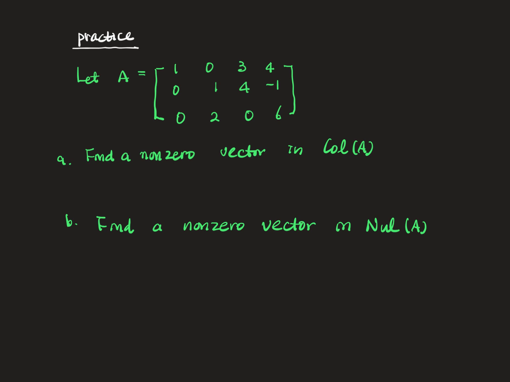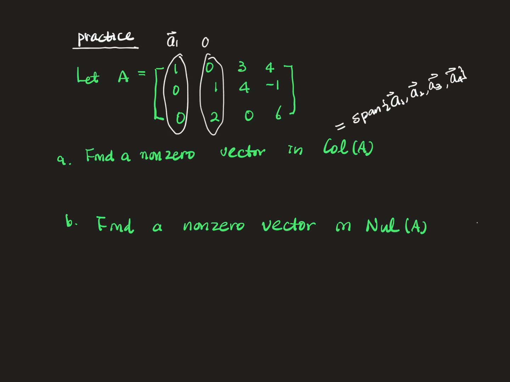So here we need to find a non-zero vector in the column space of A. Let's quickly go back to the definition. What is the definition of the column space of A? The column space of A is the span of the A1 vector, A2 vector, A3 vector, A4 vector, right? What is A1? This is A1.